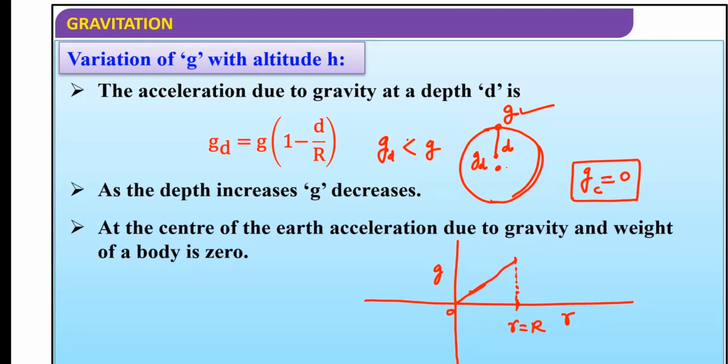It means from center to surface of earth as we move, the gravitational acceleration increases, g proportional to r. While beyond the surface, when r is greater than capital R, the gravitational acceleration is going to decrease as the distance increases. So this will be the graph between g and r.